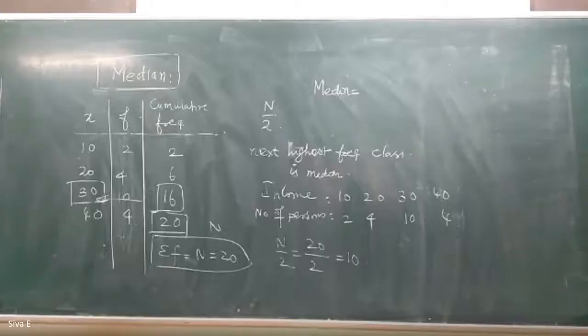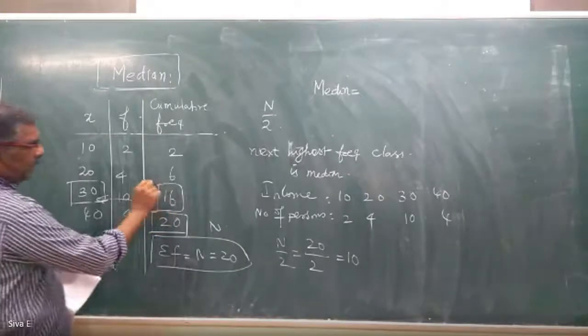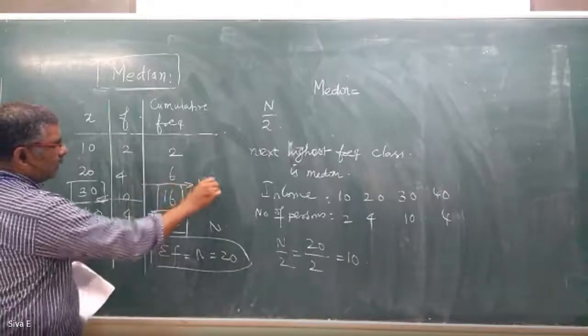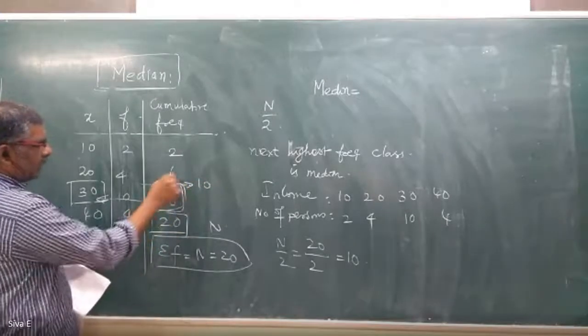Sir, could you please explain once more how you came to 30? So the respective item, 30. Actually here 10 is there. Next highest frequency you have to take, not lowest frequency.